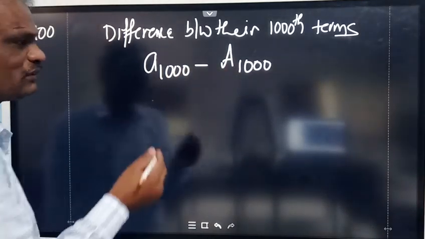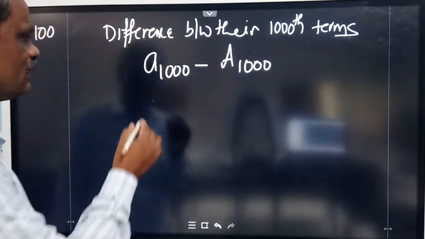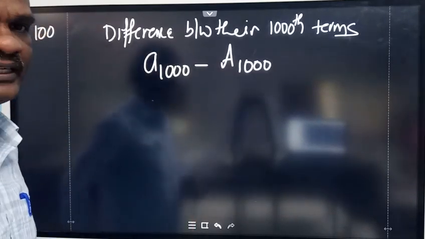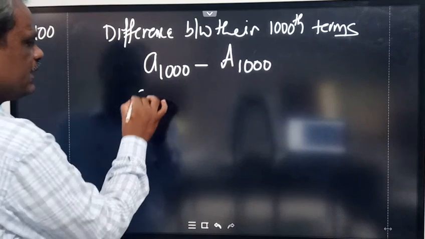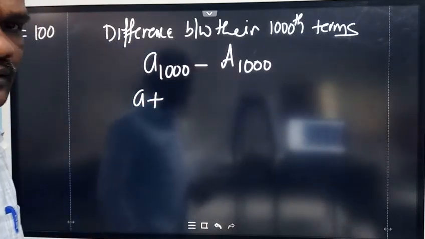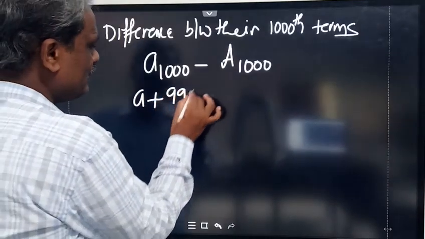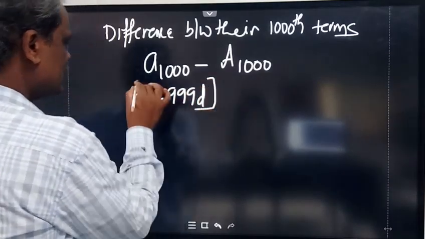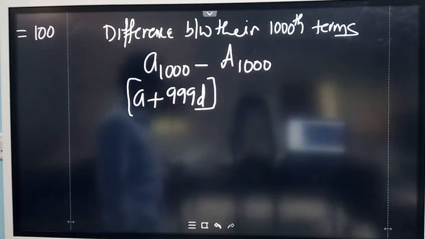Substituting the nth term formula, a1000 is a plus 1000 minus 1 into d, that is 999d.